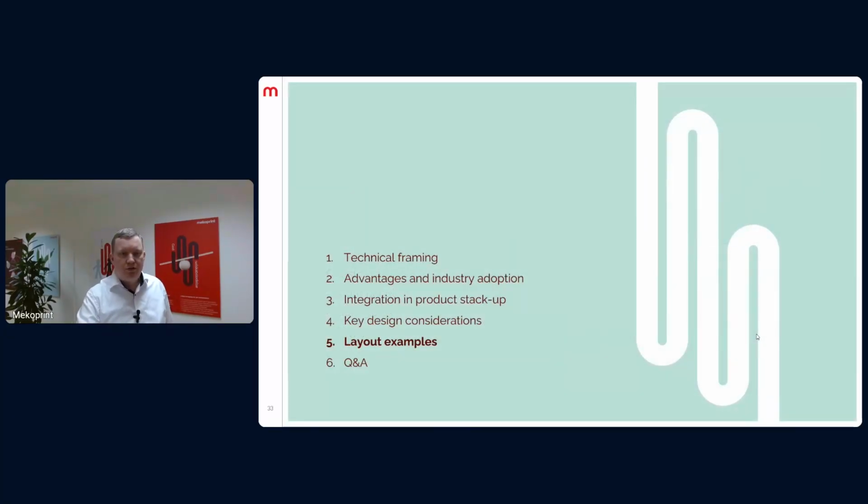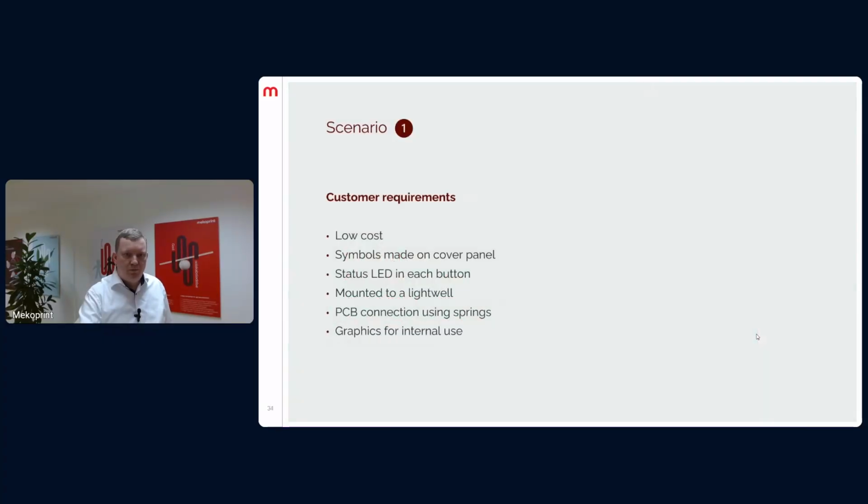And so now I would like to go through a couple of examples for you. So here we have scenario one. In this scenario, the customer requirements for the touch foil could be like this. It has to be a low-cost design.